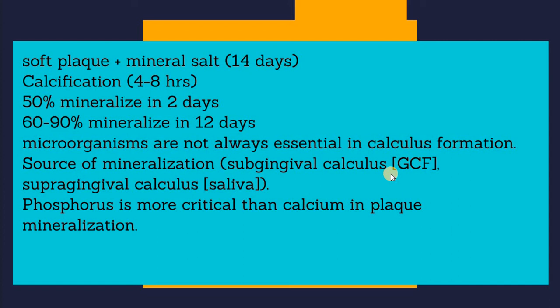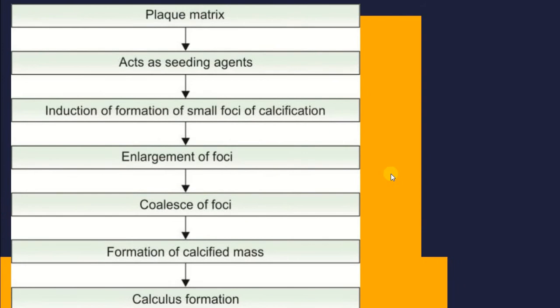Saliva is the source of mineralization of supragingival calculus, whereas the serum transudate and gingival crevicular fluid nourish the minerals for subgingival calculus. We talked about that the sources are different.